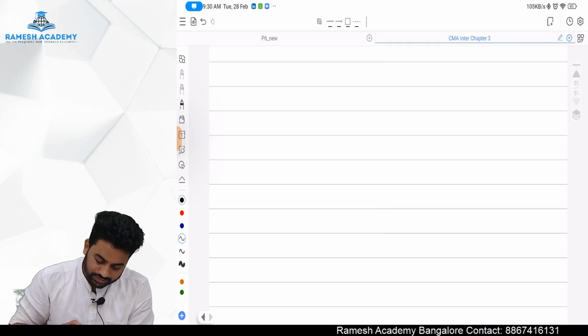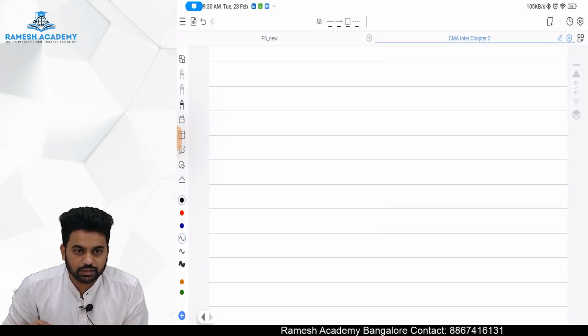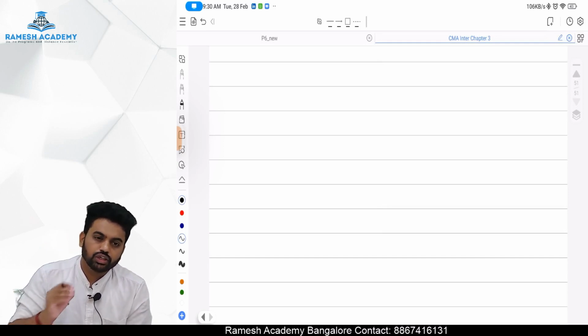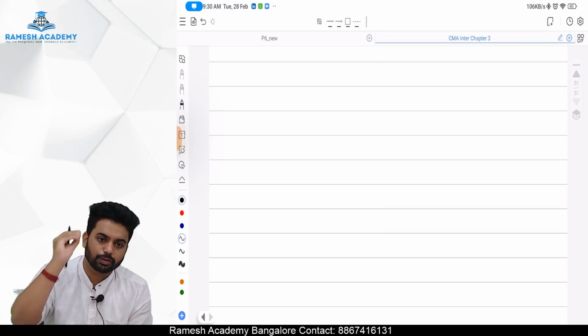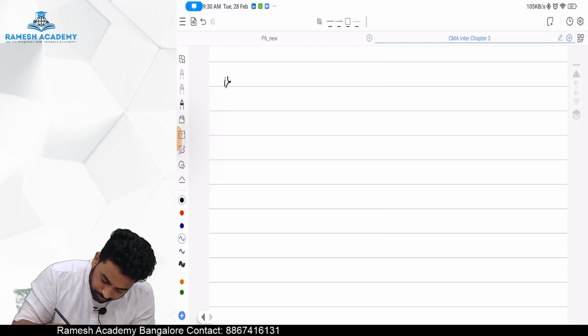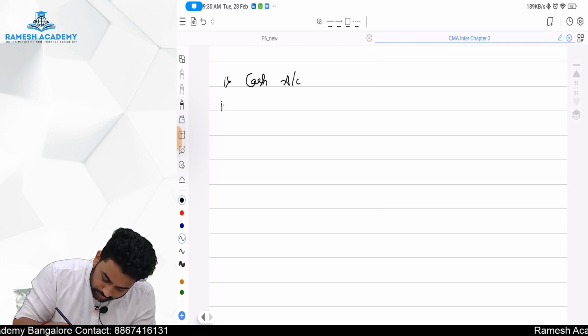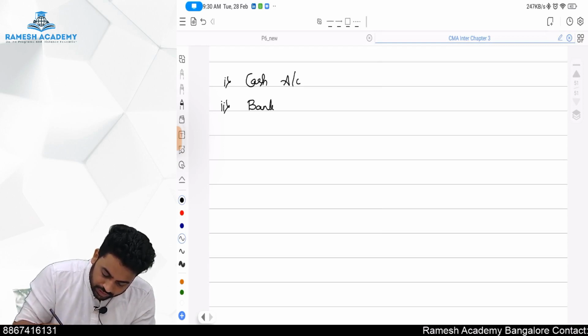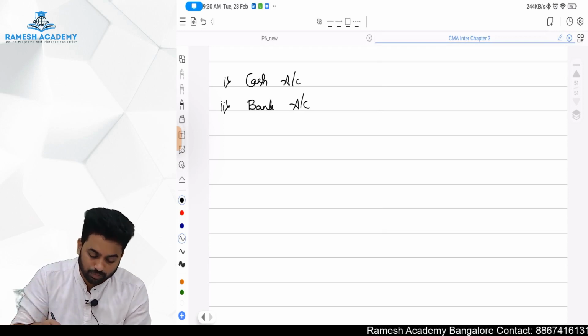So listen very carefully. When they ask you to prepare a trading P&L and a balance sheet, usually what are the accounts you should prepare as a working note? One is your cash account. Second one is your bank account. You can do it as a 2-column also, not a problem.